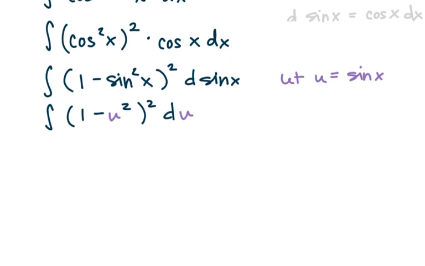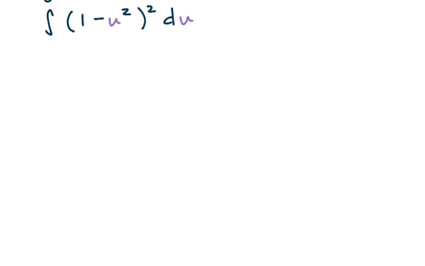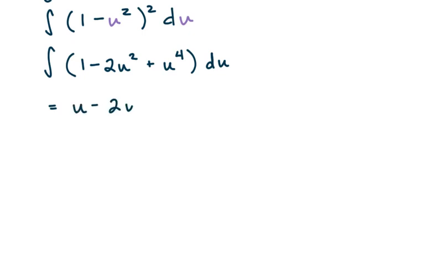All right, so if I move along with my problem here, this is the integral of 1 minus 2u squared plus u to the fourth du, which gives me u minus 2u cubed over 3 plus u to the fifth over 5 plus c.